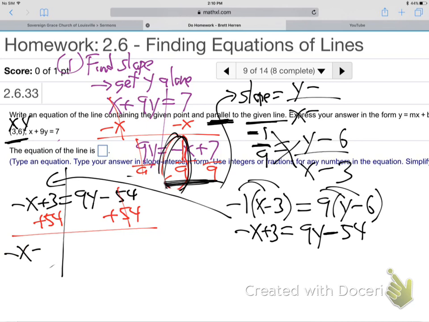And we get minus x plus 57 is 9y. And last step is to divide through by 9. Right. Divide through. There we go. I think 57 over 9 reduces a little bit. Yeah, 19 over 3. Divide by 3, top and bottom.